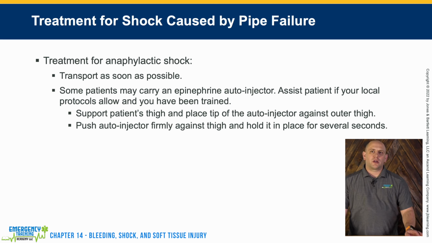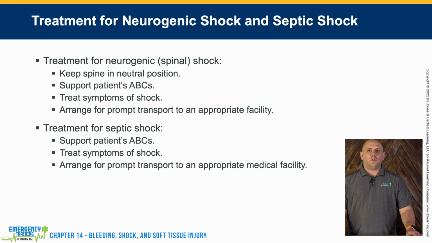Treatment for shock caused by fluid loss. The most important thing is to stop the bleed if able. If it is caused by an internal bleed, such as a stomach ulcer or a tumor or some other internal trauma that has happened, it becomes more difficult for us to treat and recognize.